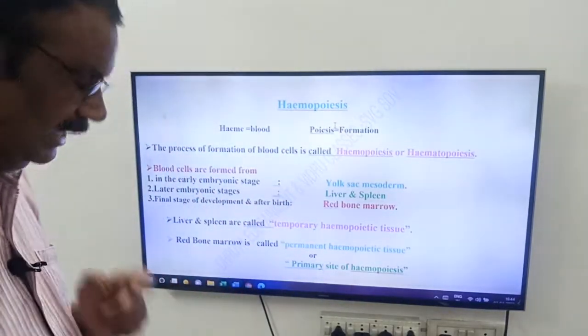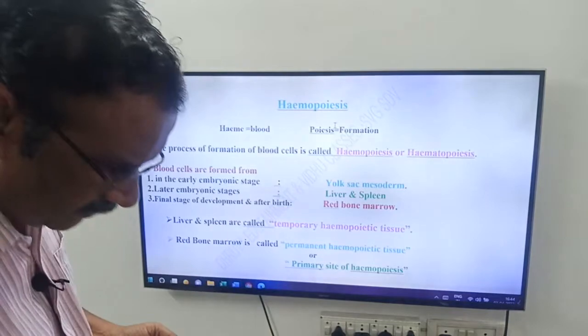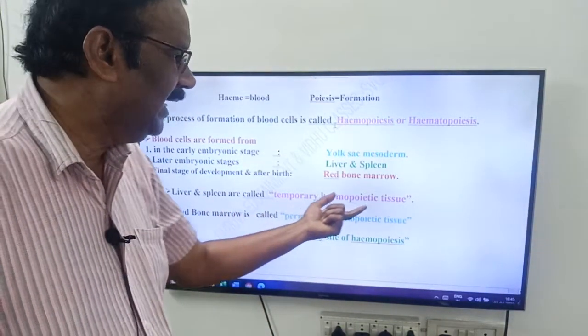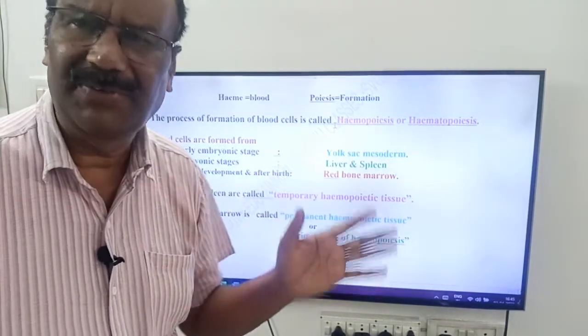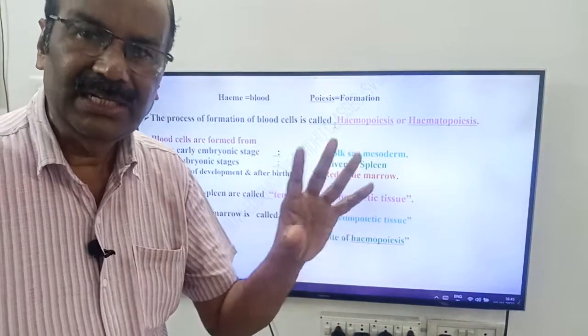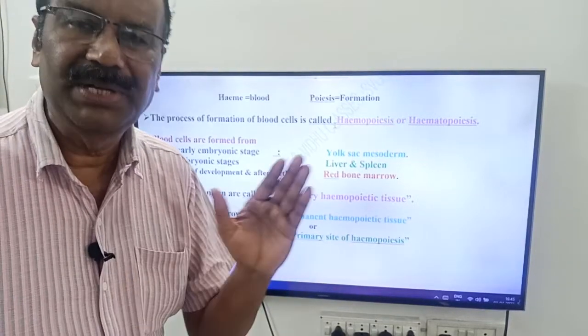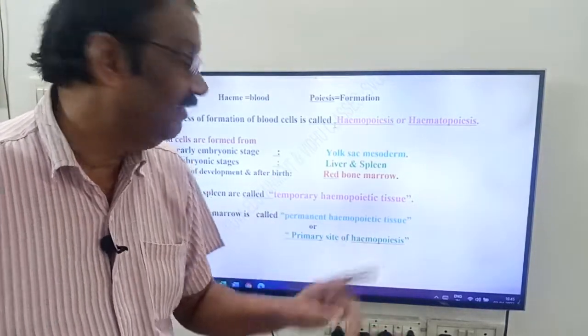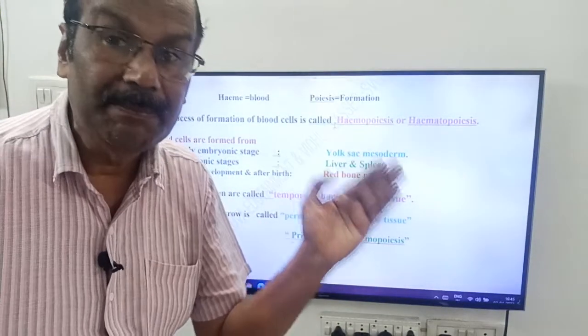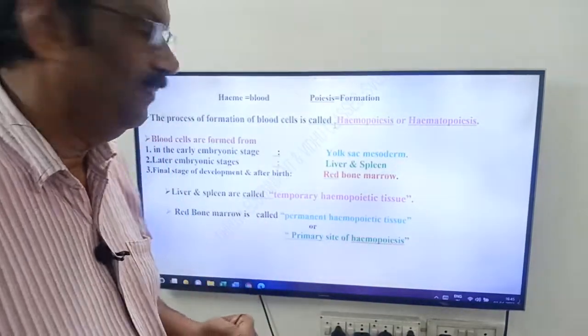Okay friends? For NEET and MCET, you have to see that the liver and spleen are called temporary hemopoietic tissue. They are not permanent friends. Liver and spleen produce blood cells in the embryonic stage only. So, liver and spleen are called what? Temporary hemopoietic tissue, temporary hemopoietic organs.